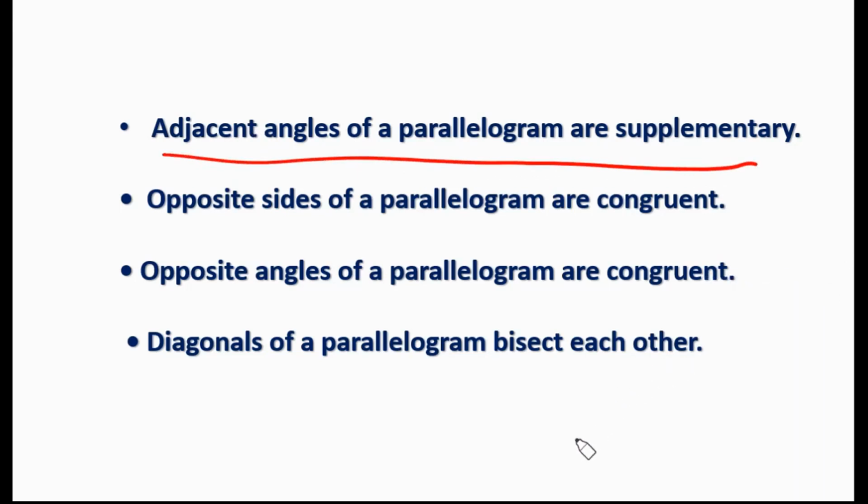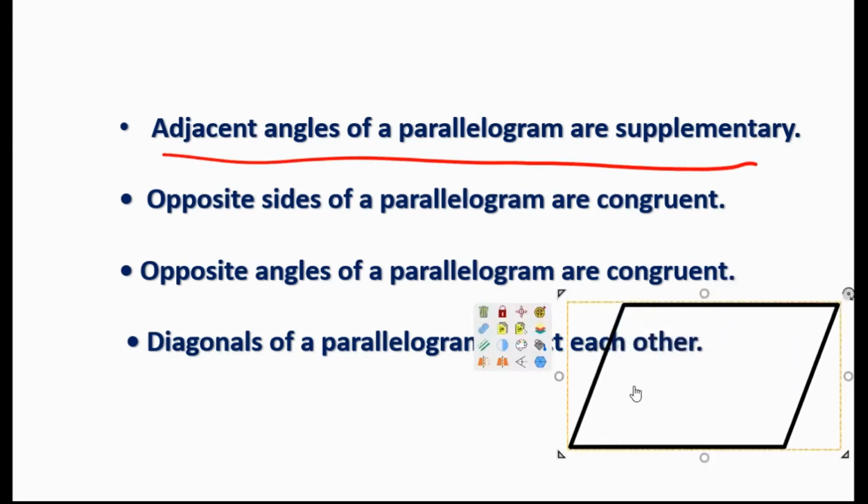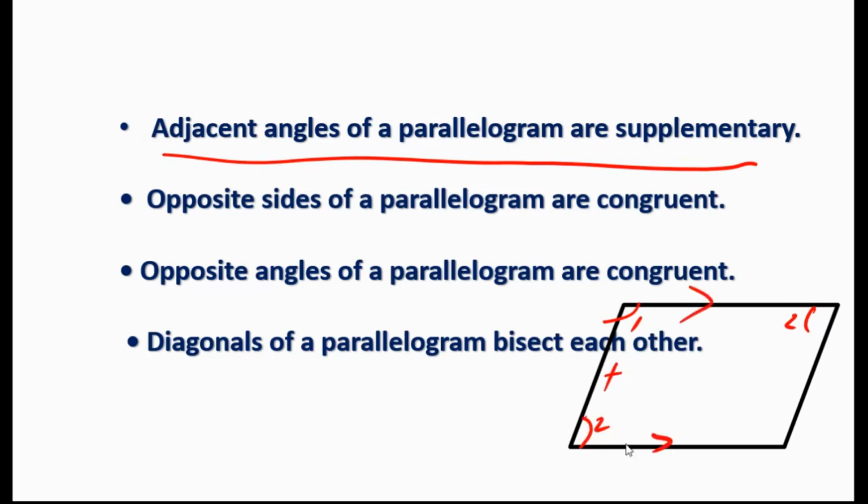I will show you a parallelogram now. This is a parallelogram. What are adjacent angles? If I take this one, it has got an adjacent angle here, another adjacent angle here, right? If you add the adjacent angles, these two are parallel lines, and this can be considered as transversal. These two will act as interior angles, which you have studied, and interior angles are always supplementary.